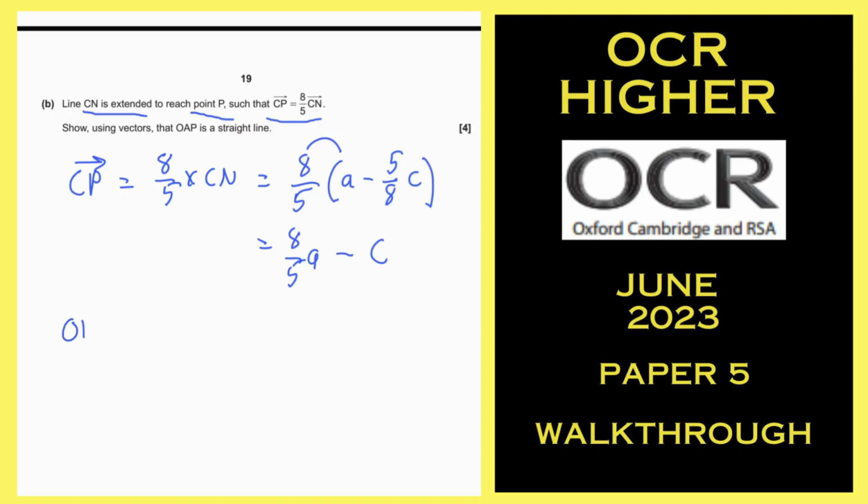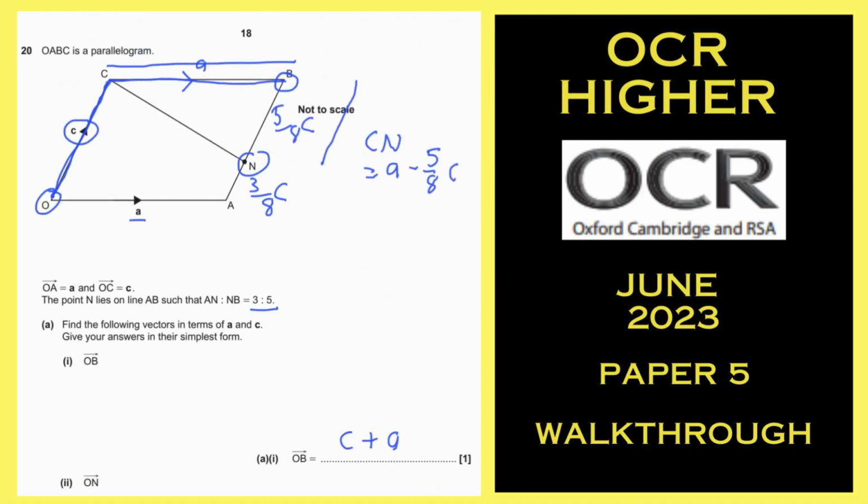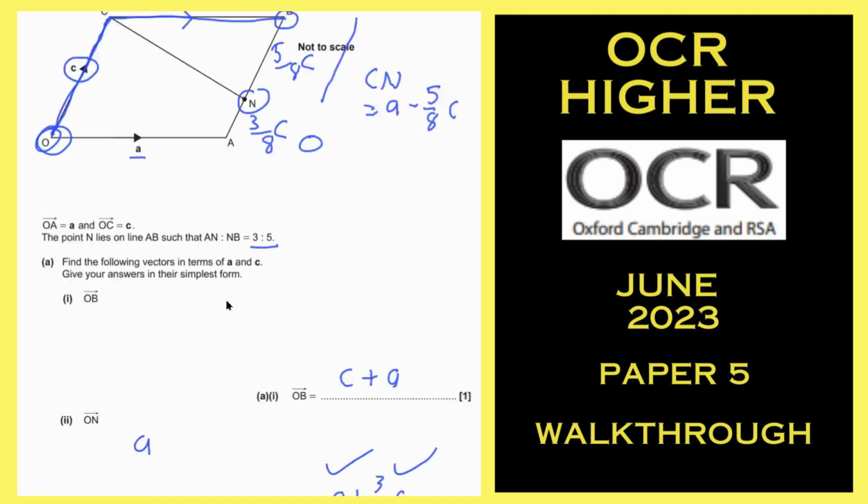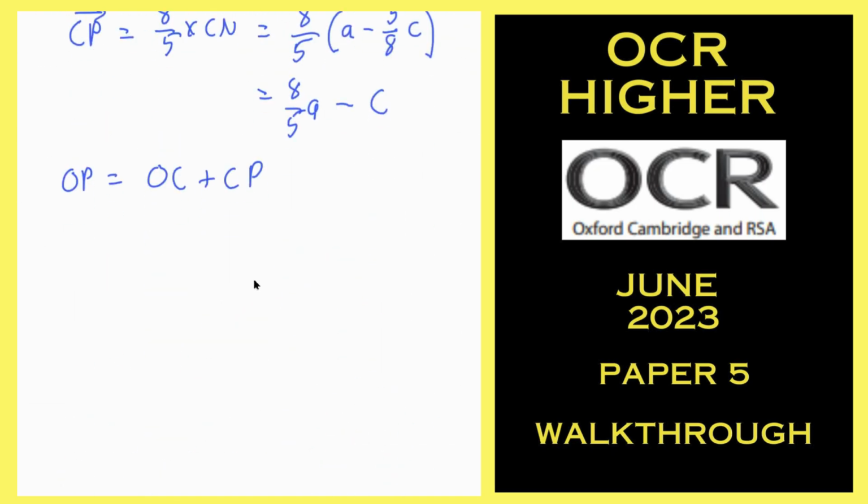Then we have a look at how do we get from O to P. We go OC and C to P. Let's just refer back. O to P, O's there, P's somewhere over here. As I say, we go O to C, then C to P, which is O to C is just the bottom line, and C to P is 8/5 A, take away C, because it's just that.